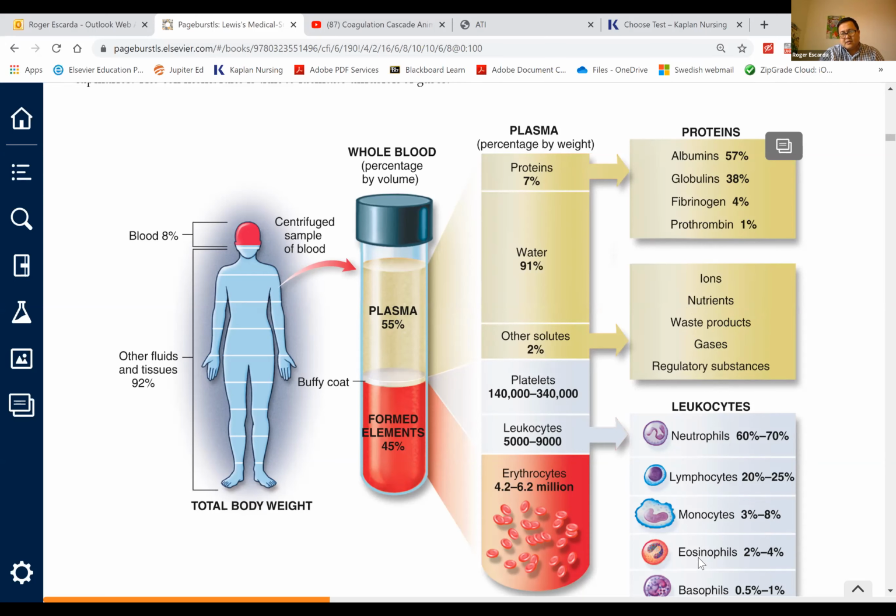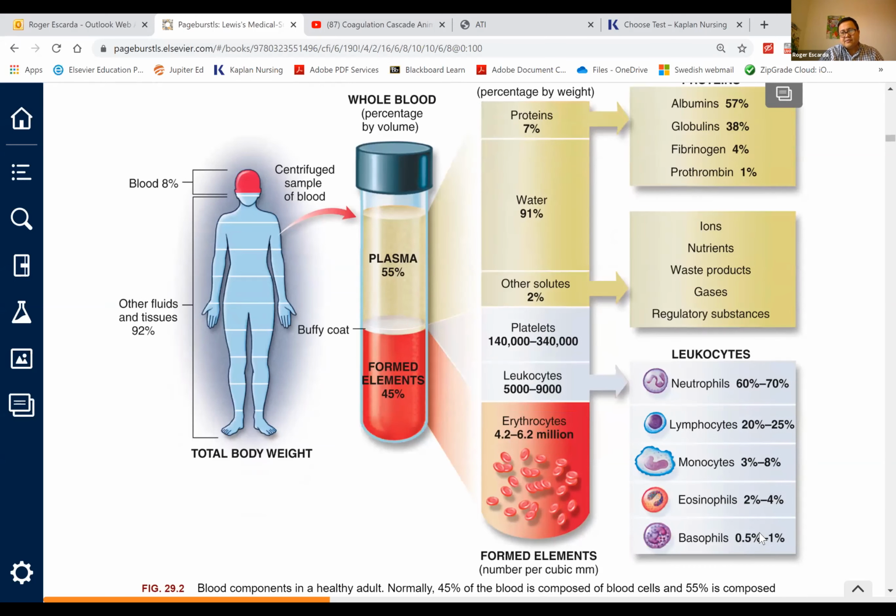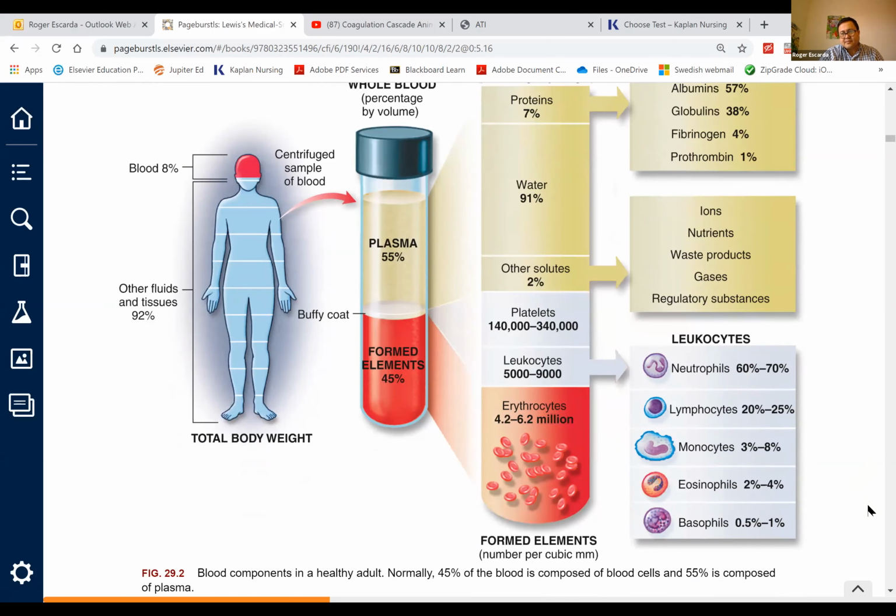There are 5 types of white blood cells. So in a regular CBC, you'll only get a total count of WBC. So let's say you have an increase in white blood cell count, what does that tell you?